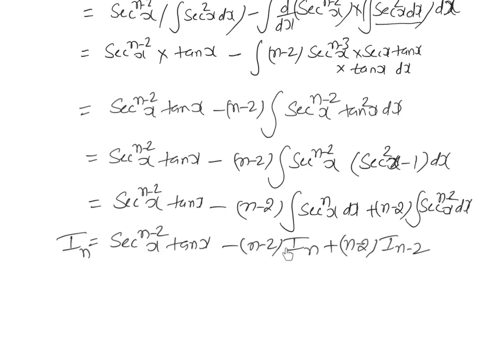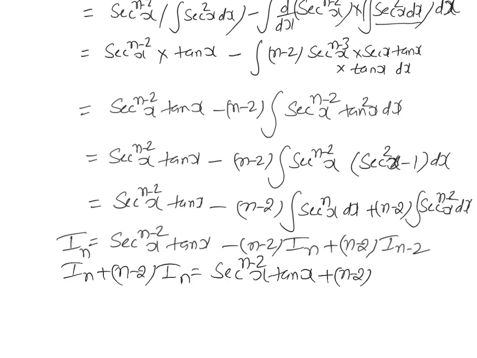This process of taking this over here is called transposition. So this will be I_n plus (n-2) I_n is equal to secant^(n-2) x tan x plus (n-2) I_(n-2).